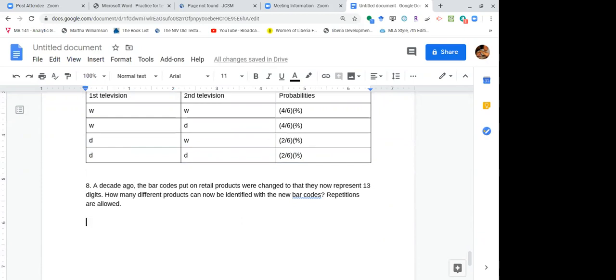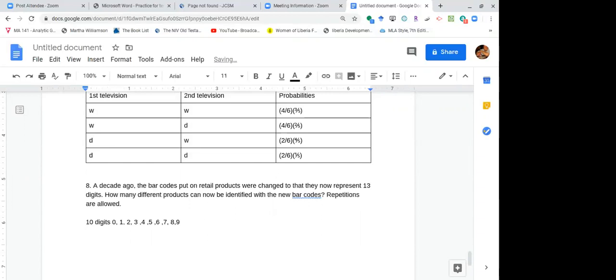Okay, so we have 10 digits. Yep. Not 9 digits, 10 digits. What are they? 0, 1, 2, 3, 4, 5, 6, 7, 8, 9. That's 10 digits. Mm-hmm. Okay.